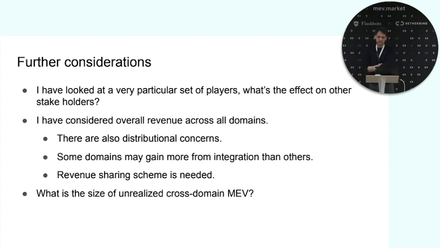That has bearing on whether they actually want to do that. We also heard that we have to solve this problem of revenue sharing. So even if we make overall more revenue, we have to think about how we do that. And that also has bearing on who will participate in these games. And of course, all of this is a theoretical exercise. I have absolutely no idea what the size of unrealized cross-domain MEV that would get unlocked with shared sequencing is, so you can only have guesses around that. Those are some caveats.